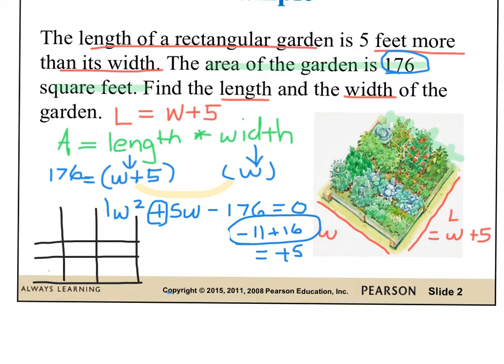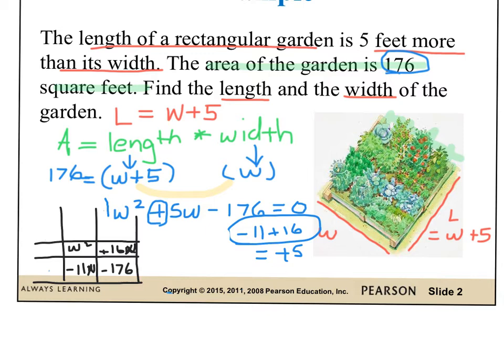And so we have W squared, and -176, and then -11W in one box, and +16W in the other box. And we find our greatest common factors. I'm sorry, I put in W's and then put in X's. I'm sure that was confusing. Those are all W's.